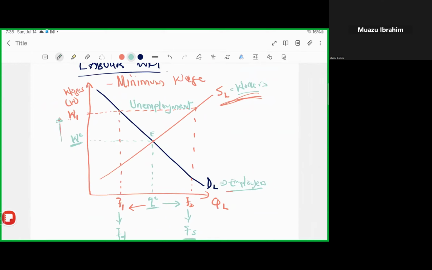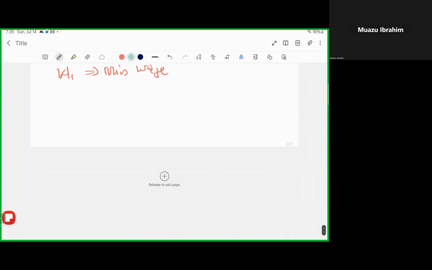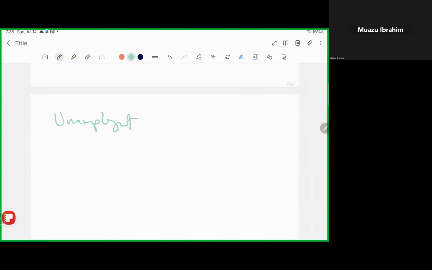The unemployment that we see can be divided into several groups. So we have those that are new entrants in the job market, and those that are old job seekers.